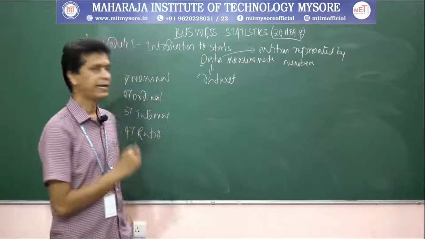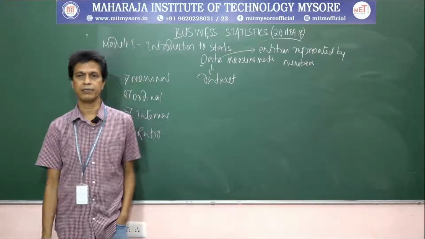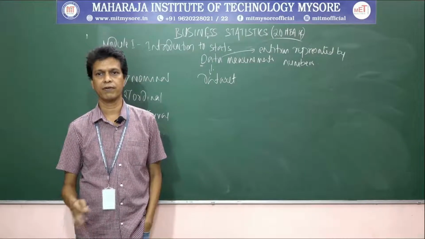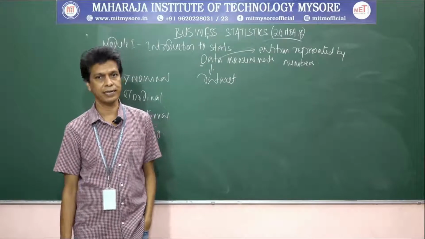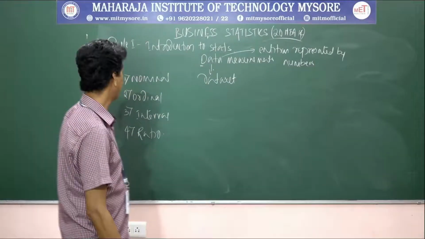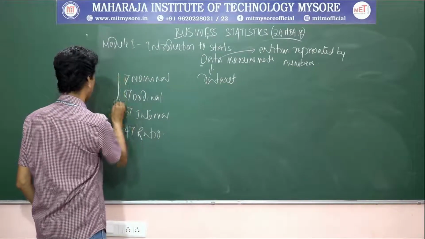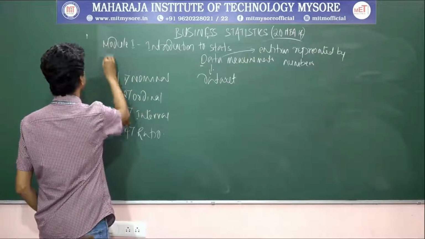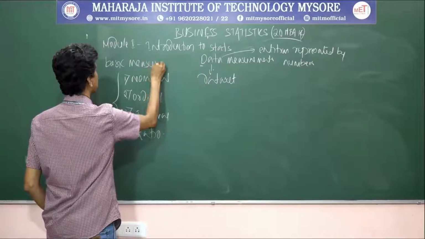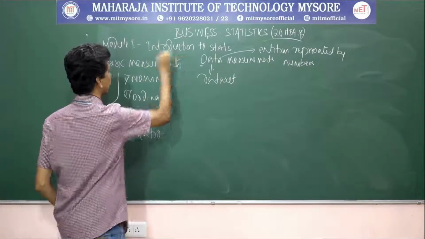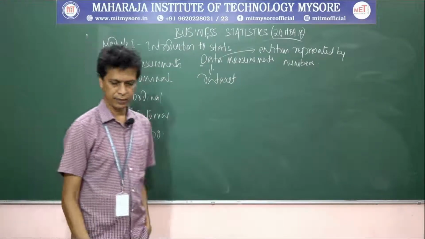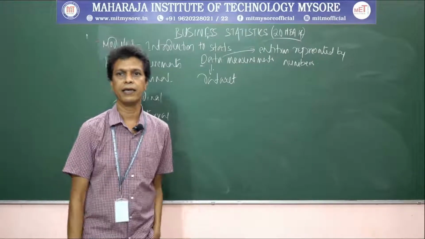The phenomenon or entities represented by the numbers determine what level of data measurement it is. Data collection requires one of the following levels of data measurement. There are 4 basic categories: nominal, ordinal, interval and ratio.